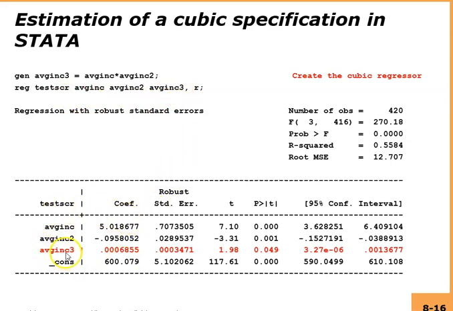Over here you can see that the AVG-INC3 variable is also significant, at least at the 5% level of significance, which means that including this probably gives us a better and more accurate estimation of the relationship between average income and test scores.